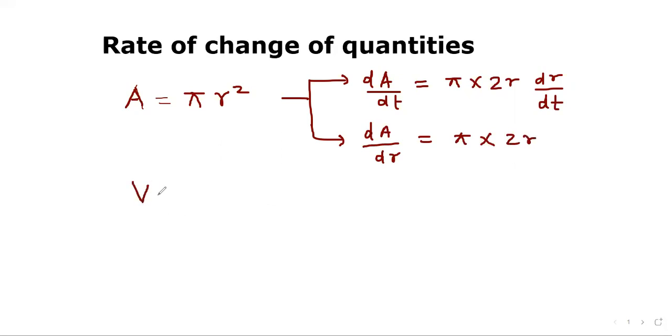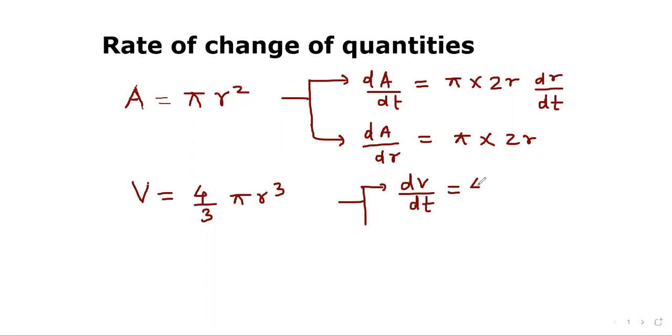Take another example. Suppose we are given the volume of a cylinder, pi r square h, but let's take a simpler example, not this. Let's consider the volume of a sphere, 4 by 3 pi r cube. Here again, we can find the change in volume with respect to time, dV upon dt.